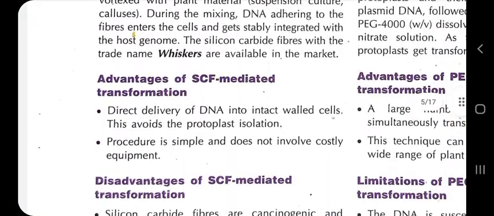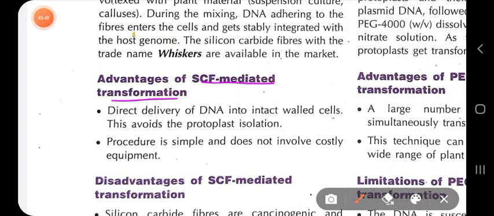The advantage of this silicon carbide mediated transformation is the direct delivery of DNA into intact walled cells. That means here no protoplast is used. We don't have to prepare protoplast. Simply, the plant cells can be used intact for transfer of our DNA through silicon carbide mediated transfer, because silicon carbide fiber can easily penetrate into the plant cell wall.